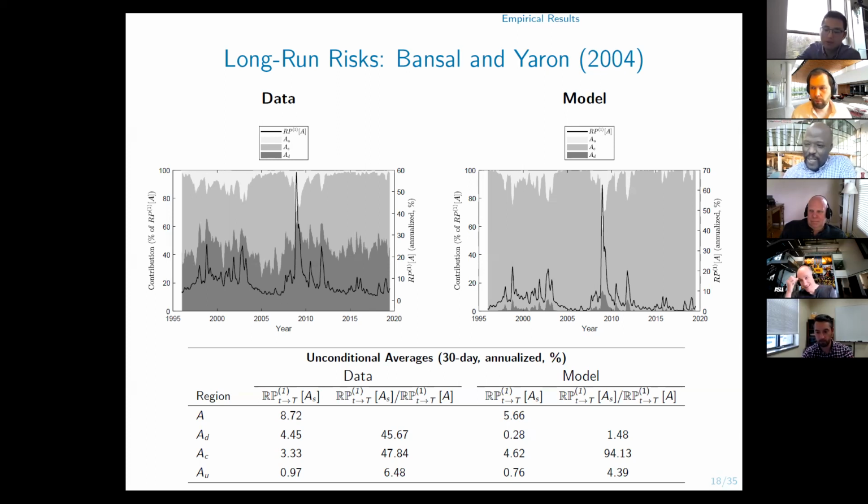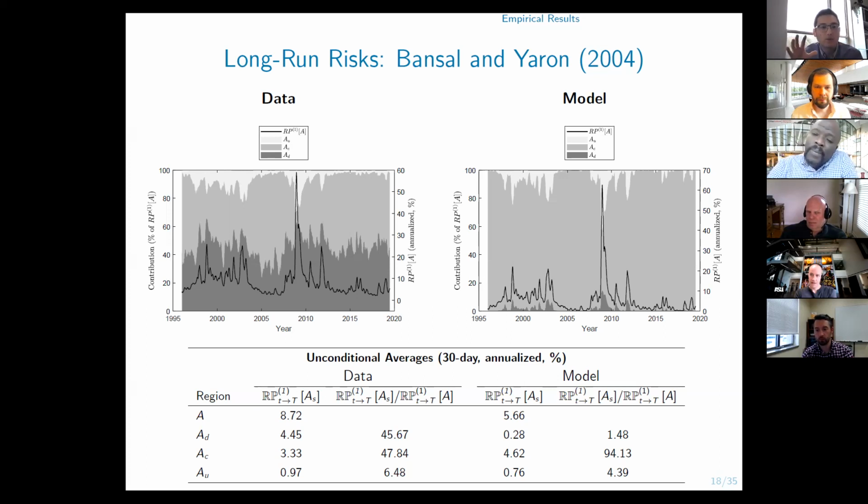Related to David's comment, under a disaster risk model, we actually assume a peso problem in the post-war sample. We assume that investors fear the possibility of a rare disaster, but the rare disaster did not happen ex post. So if you estimate the P distribution using the data, you will never capture the correct P distribution.